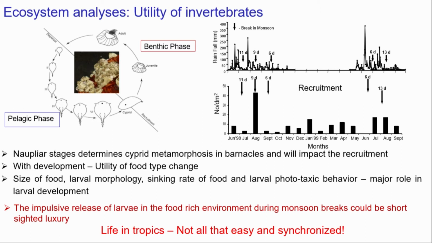They also have a biphasic life cycle. What you see here is the naupliar phase, which is dependent upon the phytoplankton for food, and this is the benthic phase, wherein you have the cyprid. This larva is specialized for settling and recruiting itself into a juvenile and then growing into an adult.